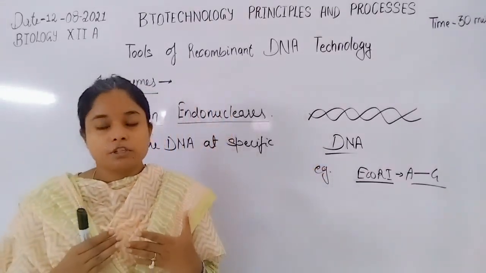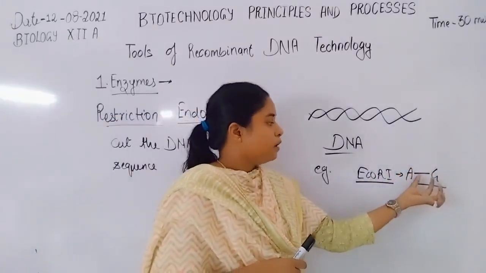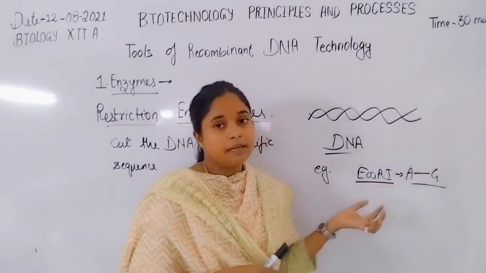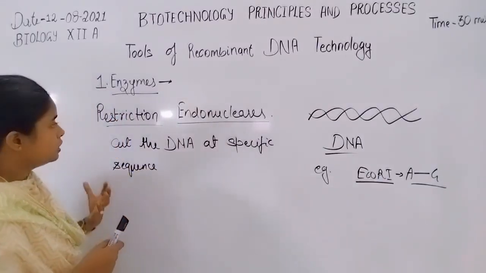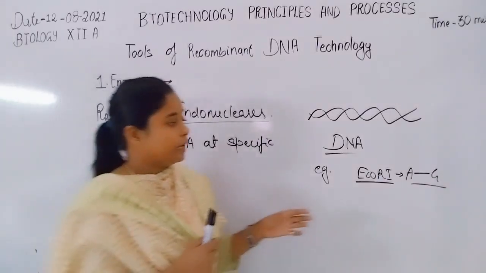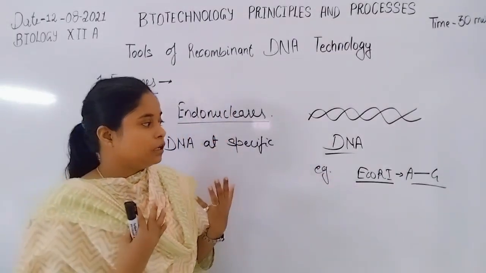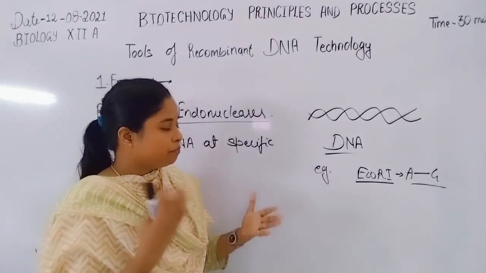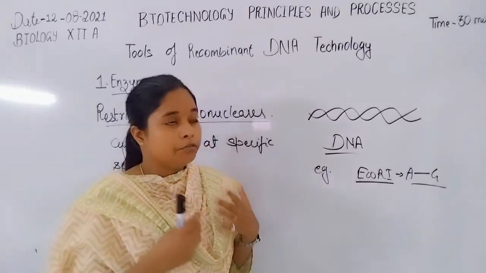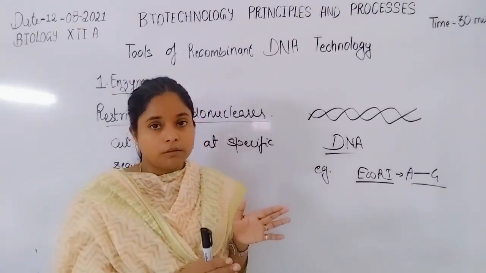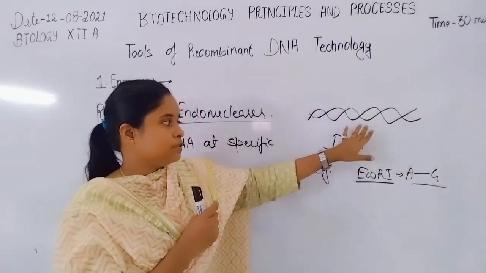When we use a restriction endonuclease, we generally know the properties of these enzymes, because we generally want to cut the DNA molecule at a specific region only.